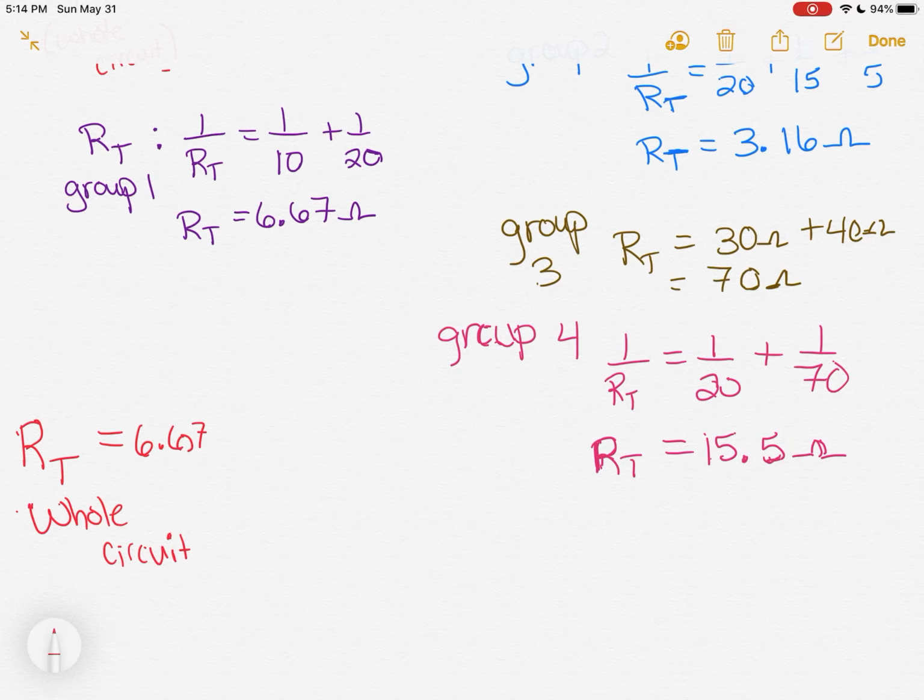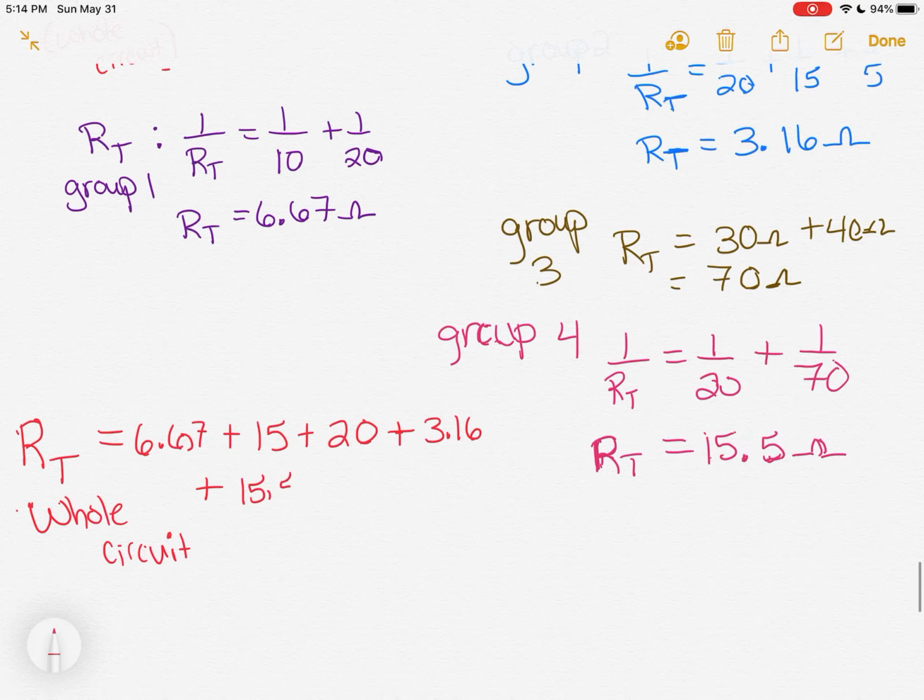Okay, so that means group 1 was our 6.67, plus we're adding our 15 ohm and our 20 ohm resistors, plus we're adding group 2 is our 3.16, plus we're adding group 4, which is our 15.5. Remember that we're not adding group 3 because group 3 already got incorporated into group 4.